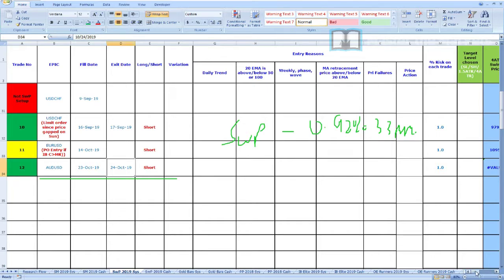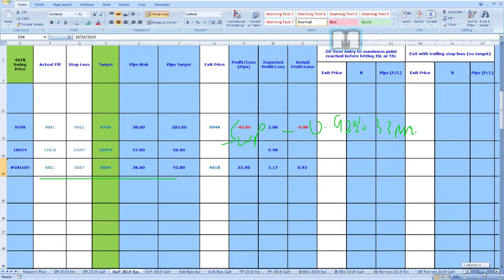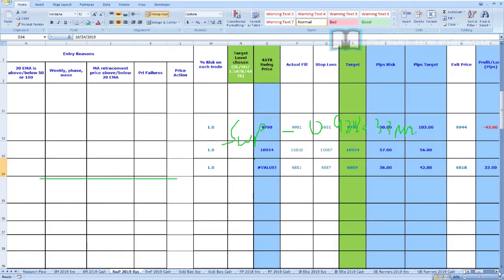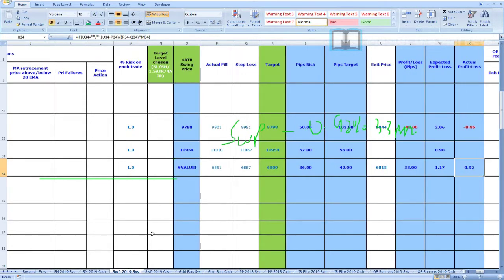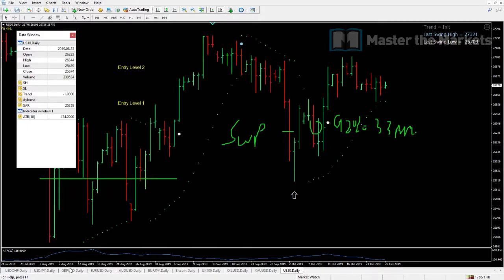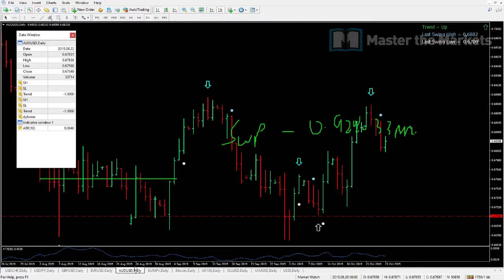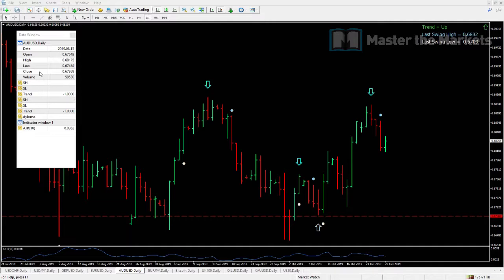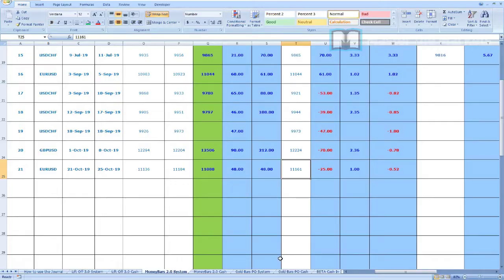You can see over here we just made 0.92% there. That trade was basically looking at turning points again, as I had mentioned before. We entered on this bar here, second bar, primary, and then getting into secondary. Different strategy based on different parameters.